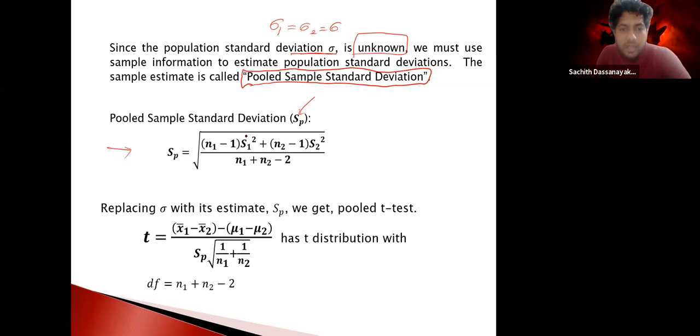Again, you have a giant formula to find the pooled sample standard deviation. You plug in your S1 and S2, the sample standard deviations, and divide by n1 plus n2 minus 2.